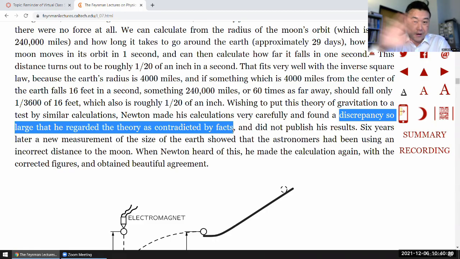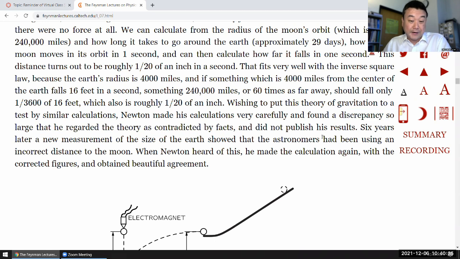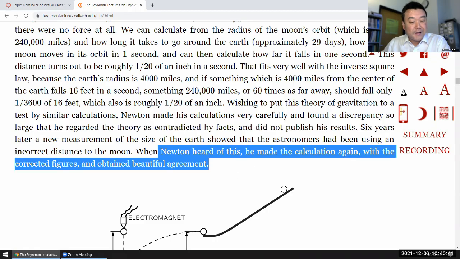But he didn't just forget about it, get rid of it entirely. And when he learned of an update that might change the prediction, he redid the calculation, and once we had agreement, then he published, and all that. That's an example of how science ought to work.